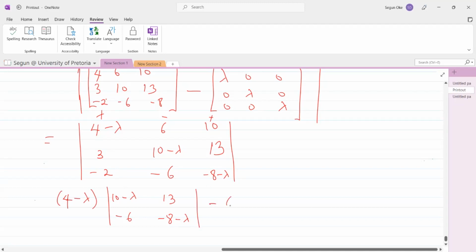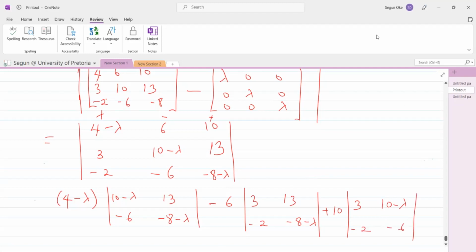Then you have minus 6. Do you agree? Yes, sir. You have 3, 13, minus 2, minus 8, minus lambda. Then plus 10. We have what? 3, 10 minus lambda, minus 2, minus 6.